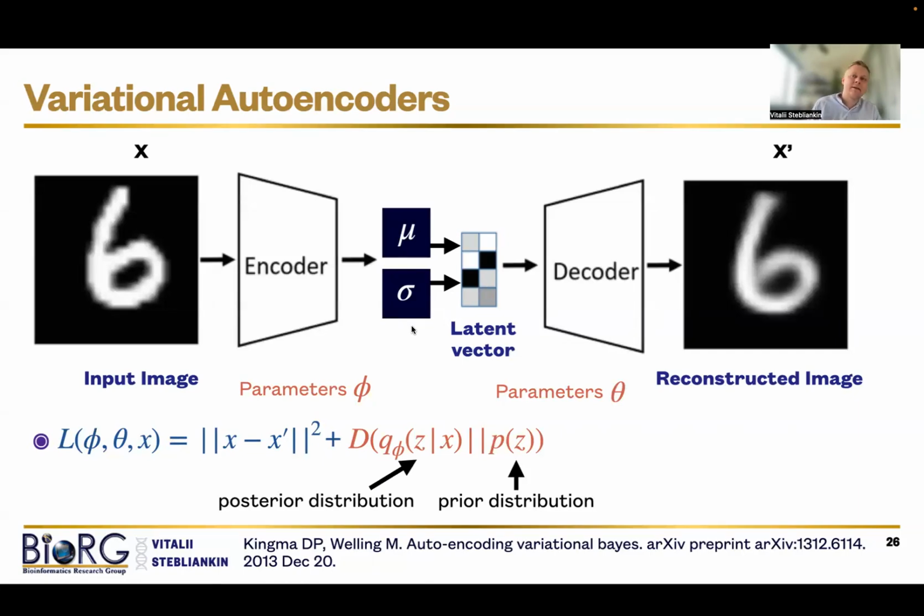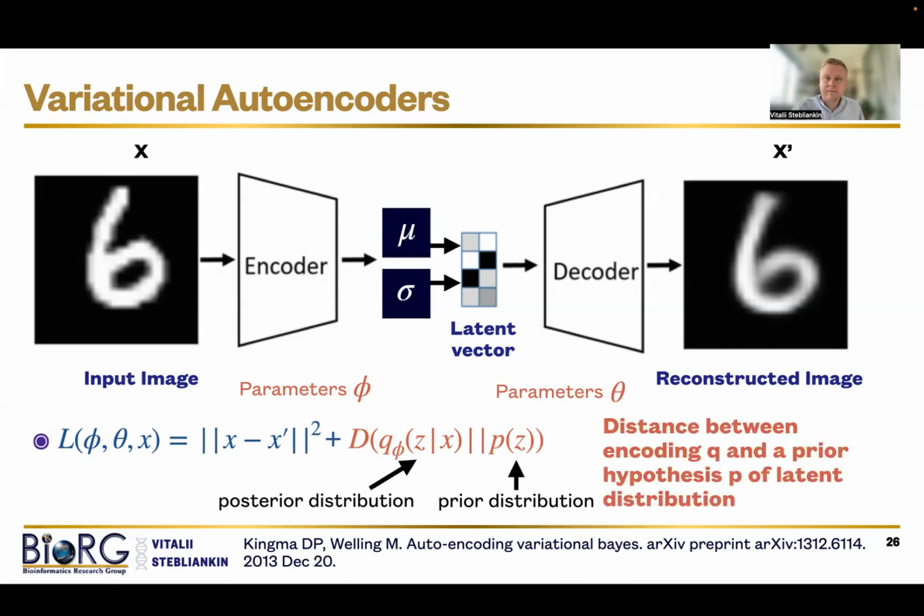To fully understand it, we need to go through the theory of Kullback-Leibler divergence, for which we don't have time in this lecture. But if you're interested in it, check out the paper Auto-Encoding Variational Bayes. Those authors invented variational autoencoders, so take a look at this paper.